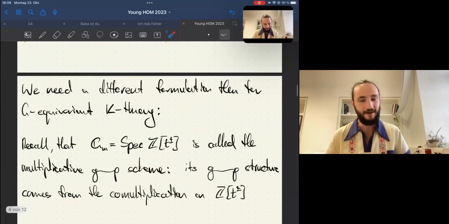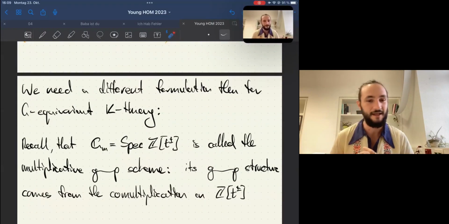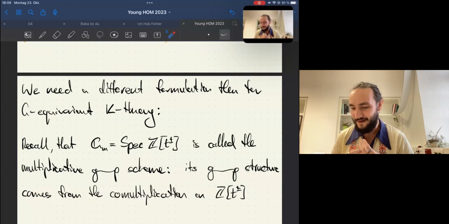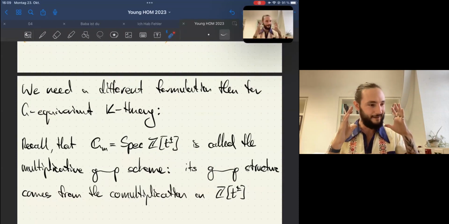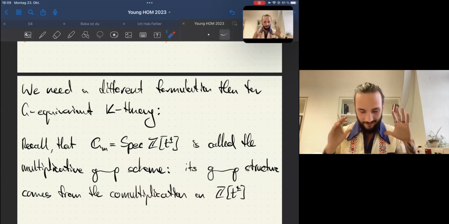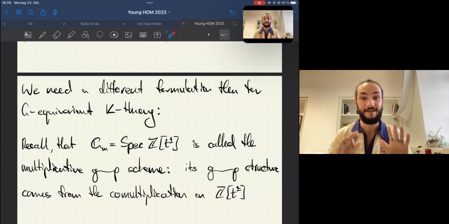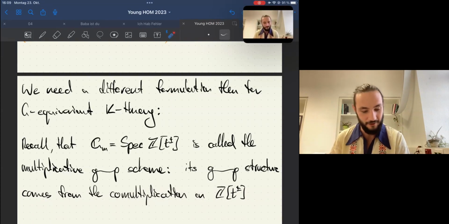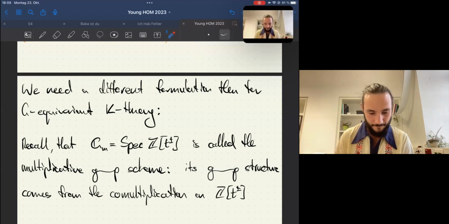Okay, so now comes a little bit of the algebraic geometric input. I'm going to assume that everyone is reasonably familiar with the idea that K-theory has something to do with the multiplicative group scheme, has something to do with the multiplicative formal group law. Maybe you've seen that from your chromatic homotopy theory or complex oriented cohomology theories. So I just want to define this group scheme.